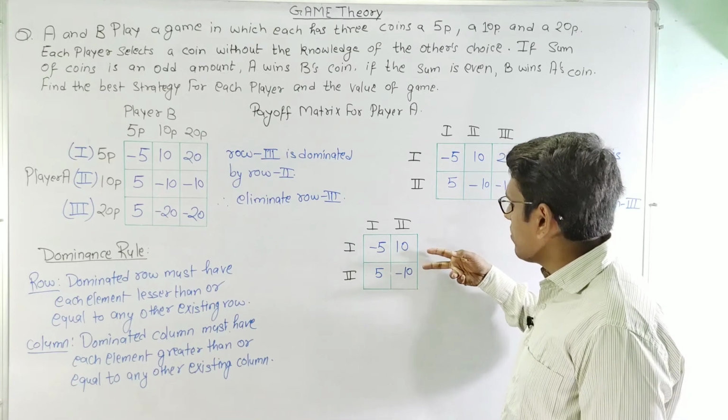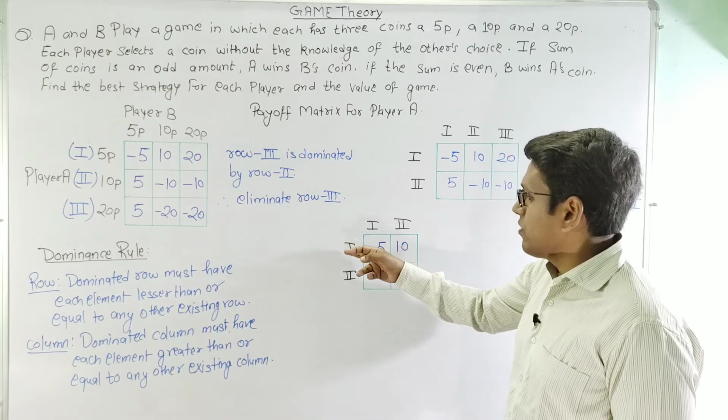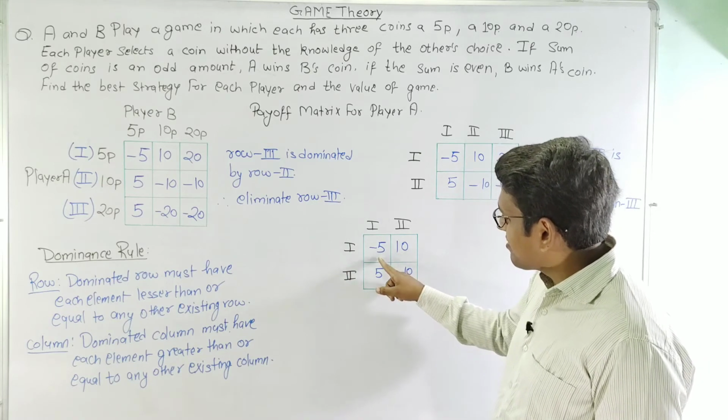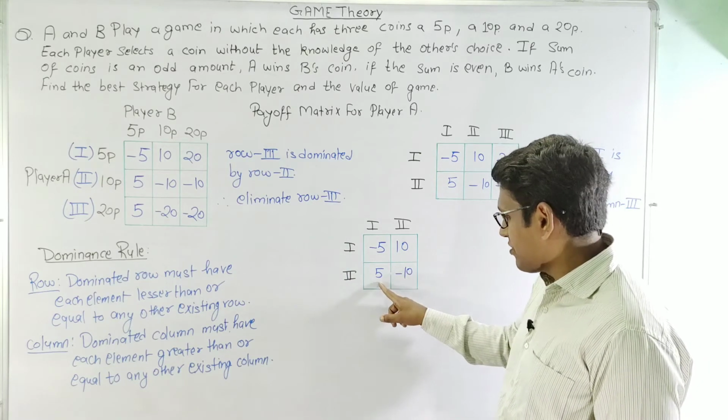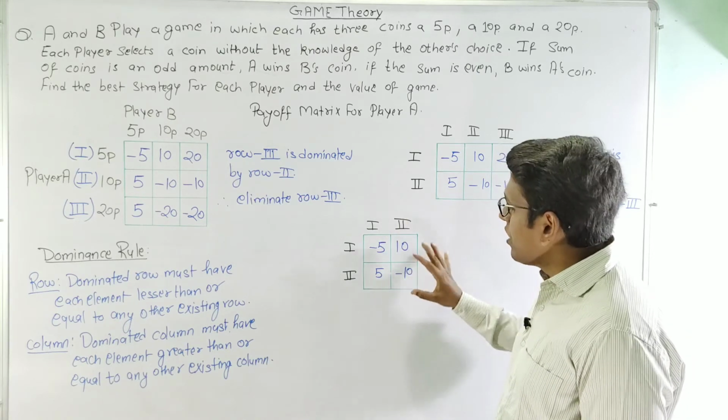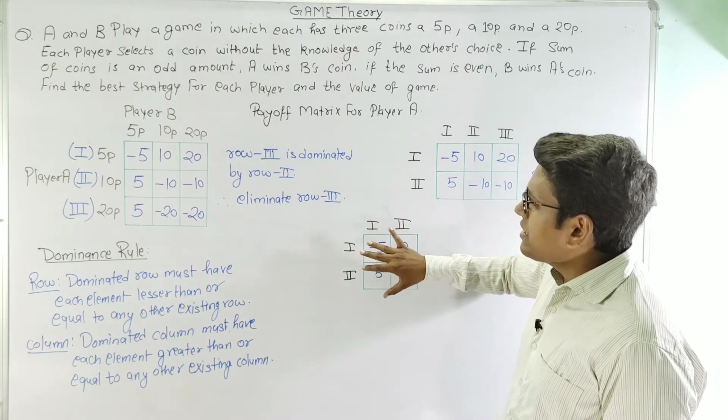So there is no dominance between row 1 and row 2. Similarly, if we compare column 1 and column 2, this is negative, this is positive, this is positive, this is negative. That means in column 1 and column 2 also we do not find any dominance.